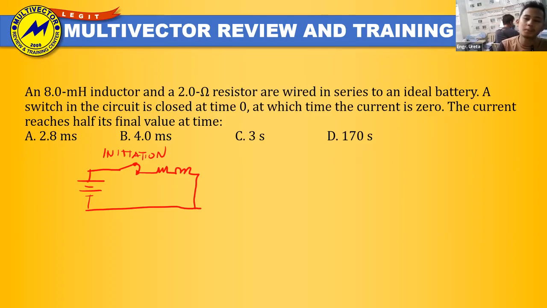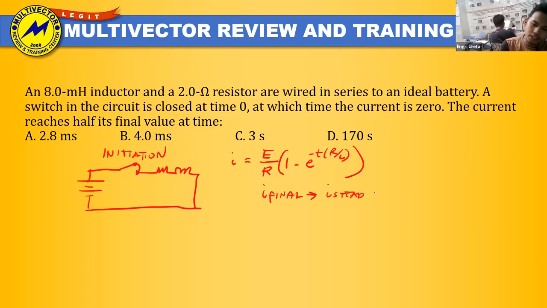So in terms of current equation, direct formula, our instantaneous current I is just equals to E all over R, quantity 1 minus e raised to negative t R all over L. Since sinabi niya, the current reaches its final value, sir, ano ba yung final value natin? Matatawag natin final yung value natin sa current kapag steady state na yung ating condition.